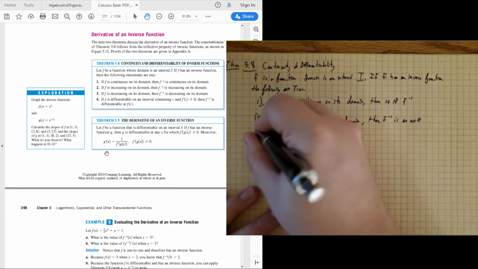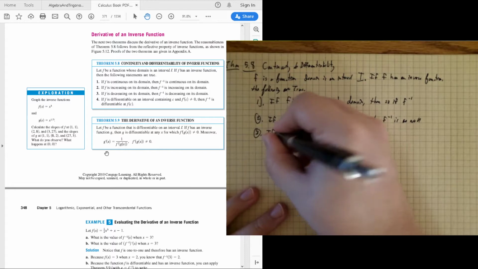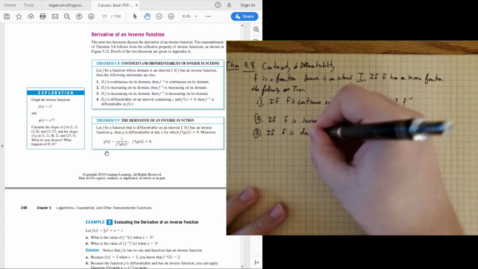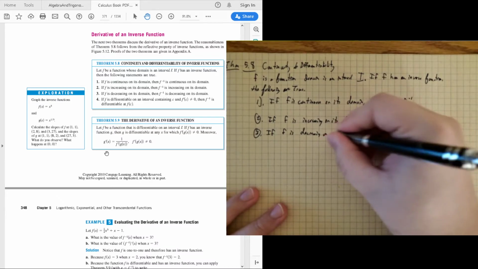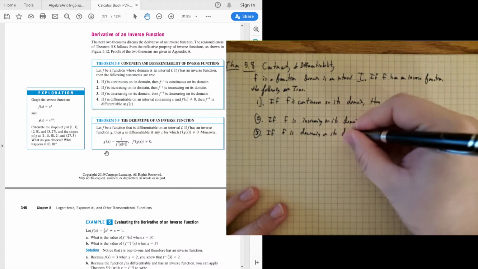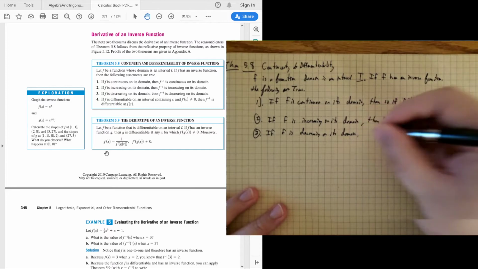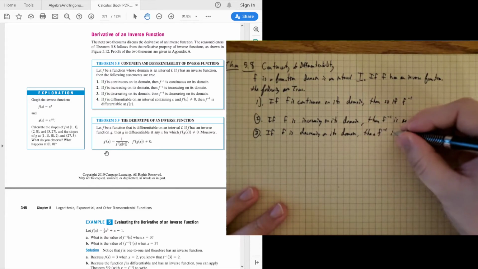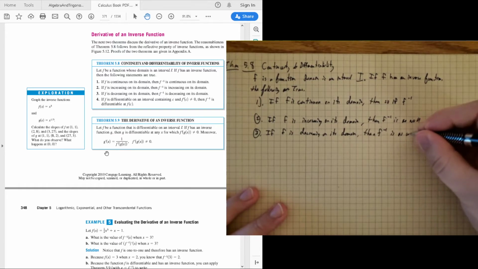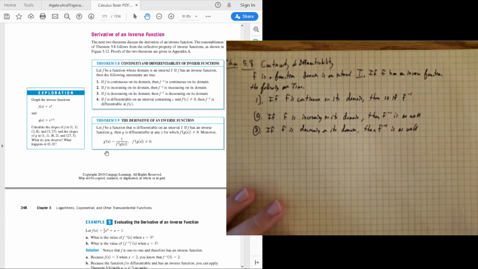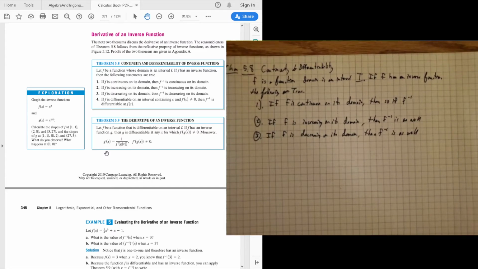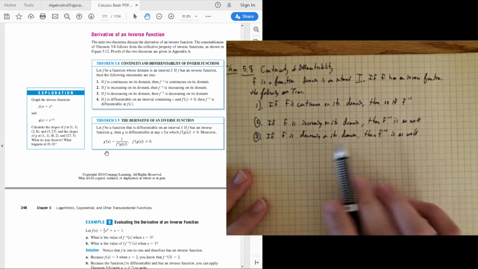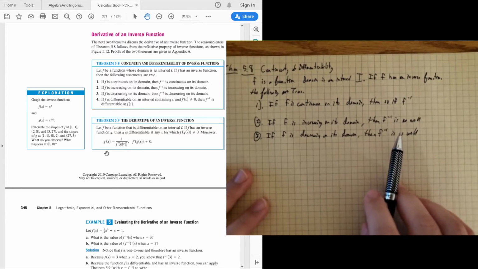And the same goes for decreasing. So in other words, in general, they're going to have the same relationship. If f is increasing, then f inverse is increasing. If f is decreasing, then f inverse is decreasing.